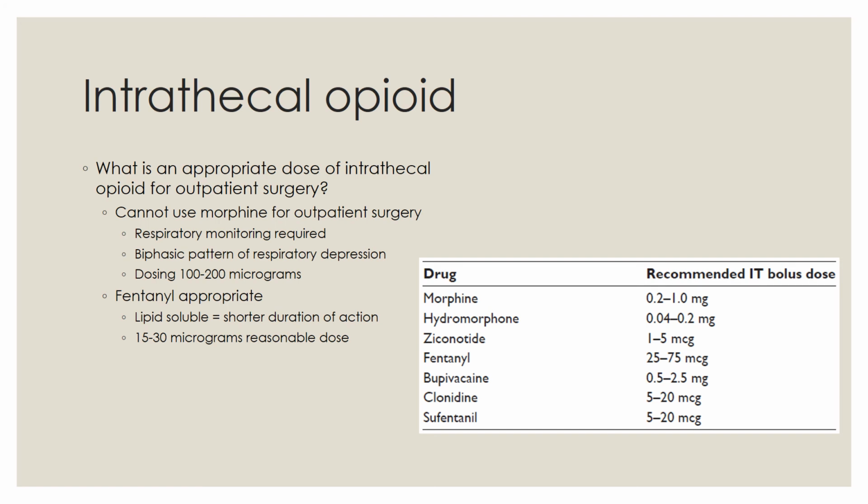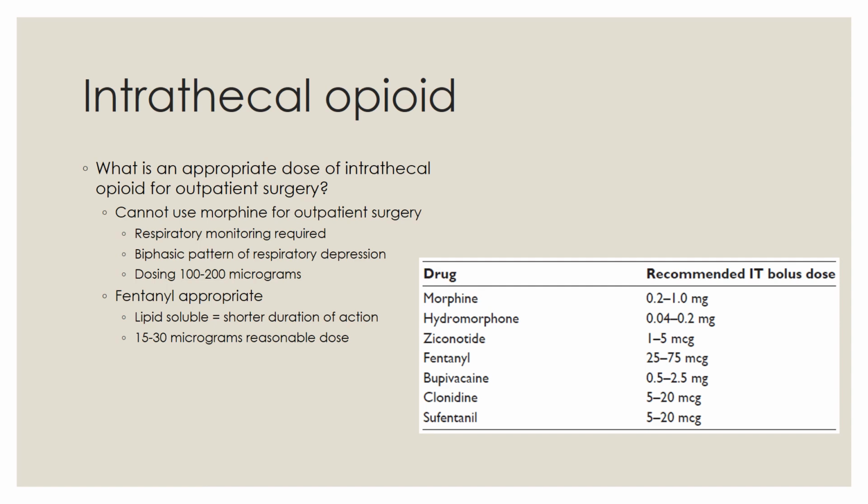There's a biphasic pattern of respiratory depression, meaning that about several hours after injection, there's a period of significant respiratory depression, and then again, right around 20 hours, there's another period of respiratory depression. Normal dosing of intrathecal morphine is somewhere between 100 to 200 micrograms, as noted in this table.